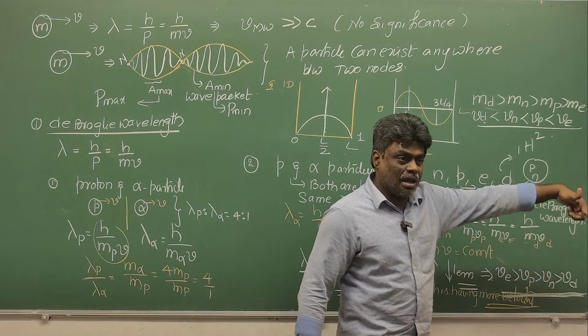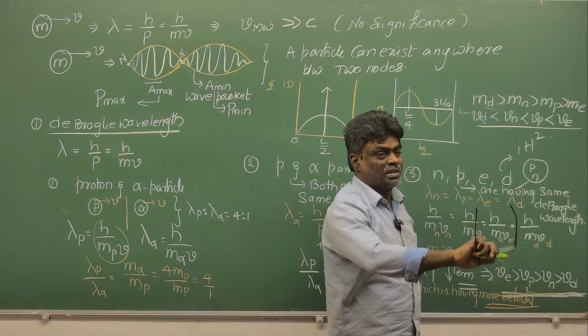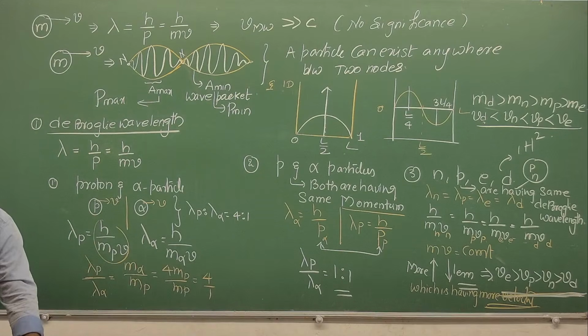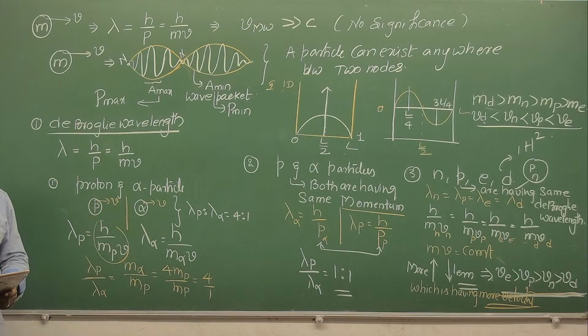Whatever velocity I am moving with, the same velocity the group of waves is moving with. So the velocity of the electron is more.